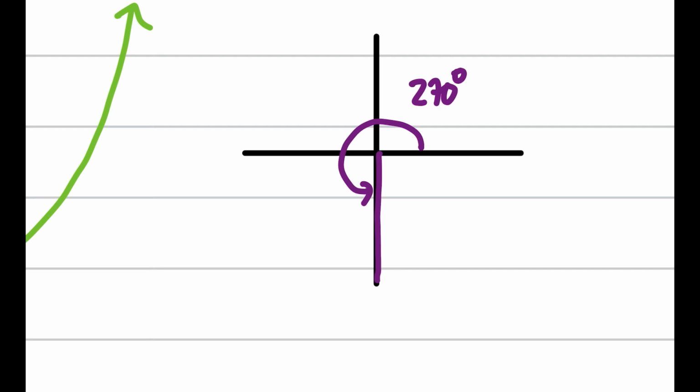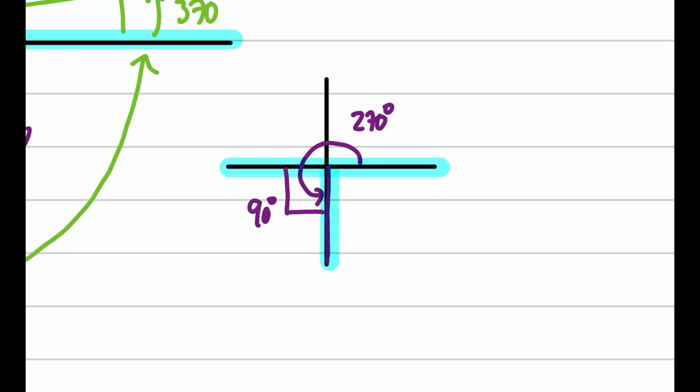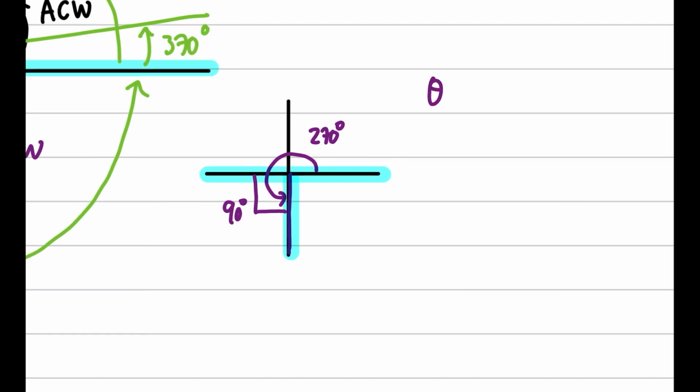So what is the basic angle? The basic angle is created by the line and the x-axis. So the acute angle created by that is this one, which is 90 degrees. So you can say that if the angle is 270 degrees, the basic angle is 90 degrees.